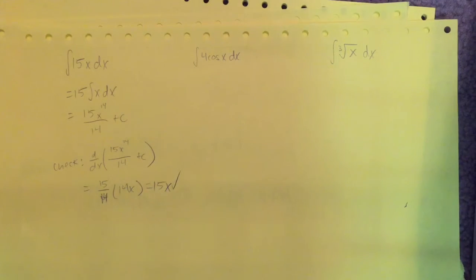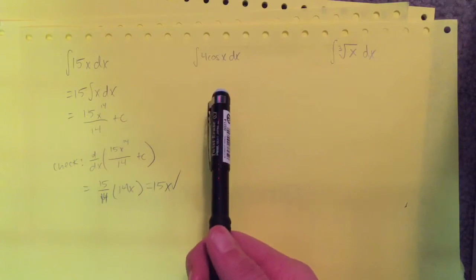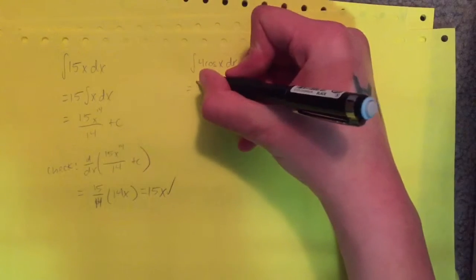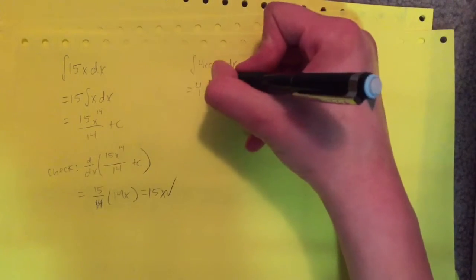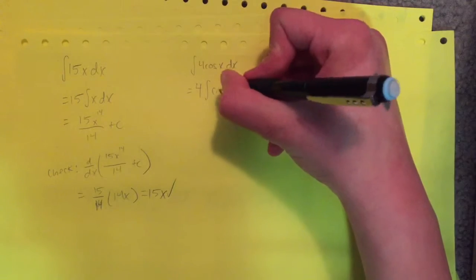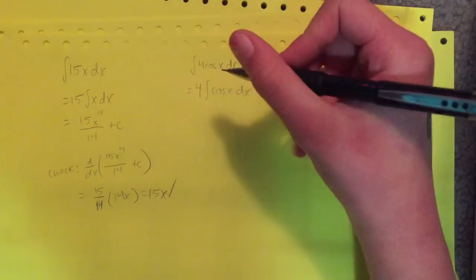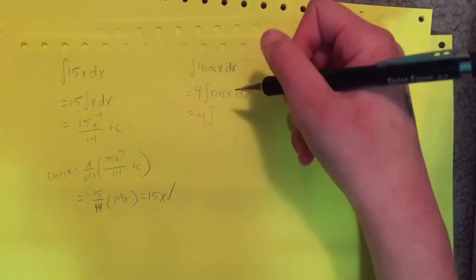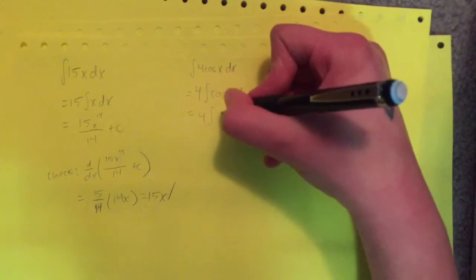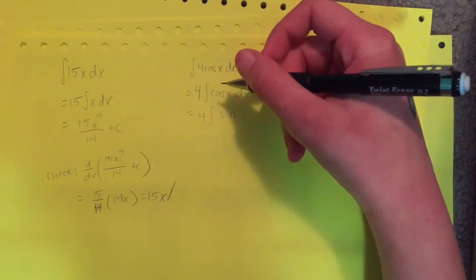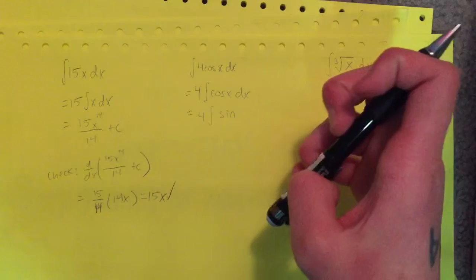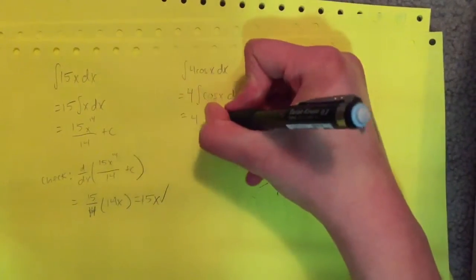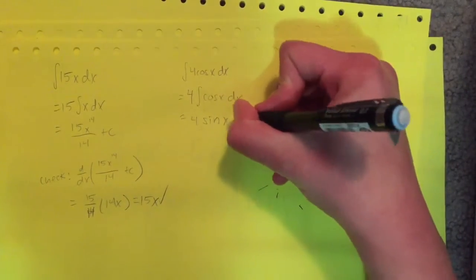For the second one, we have the integral of 4 cosine x dx. So we can take the constant out, 4 times the integral of cosine x dx, and this would equal 4 sine x plus c.